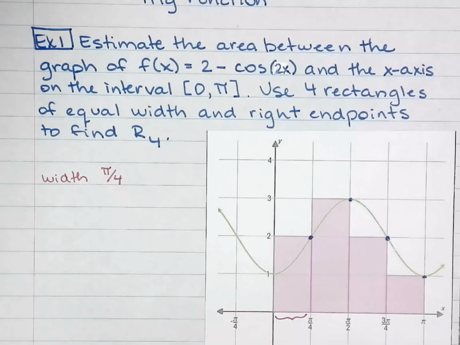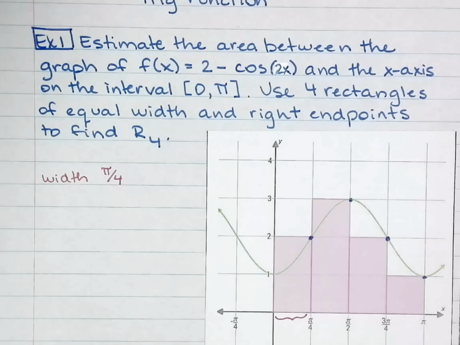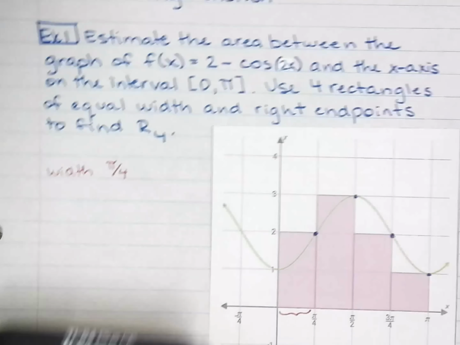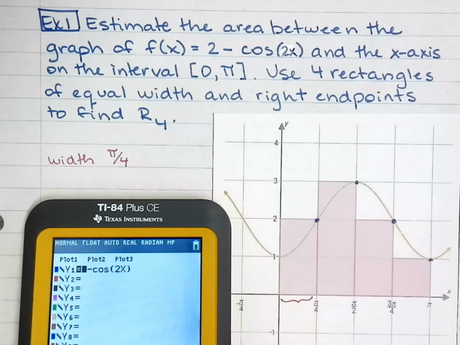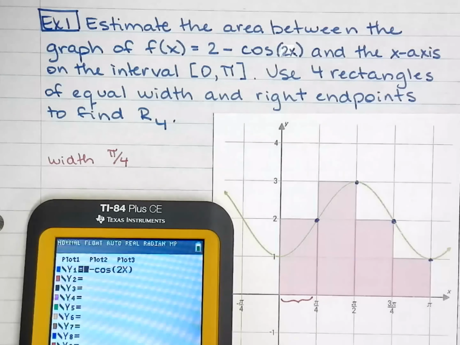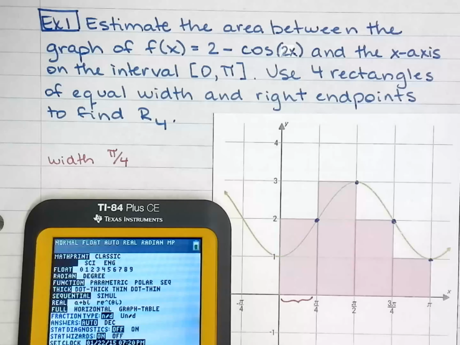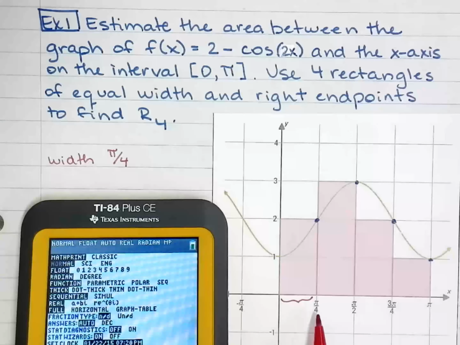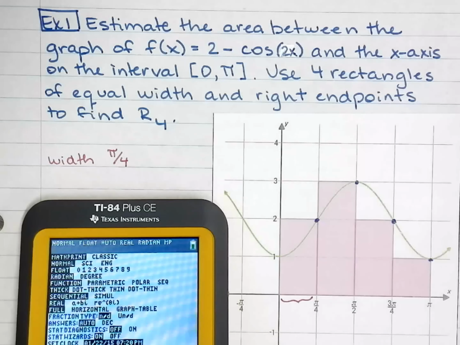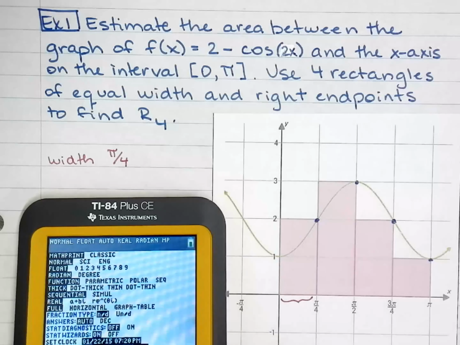Now, we need to decide what we're going to do, and we're going to put everything in the calculator. That's the easiest thing. So go to y equals, plug that in. The one thing you need to make yourself a little note: your mode needs to be in radian, because these angles right here are radian, not degree.